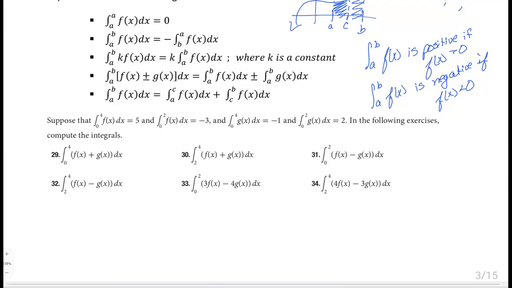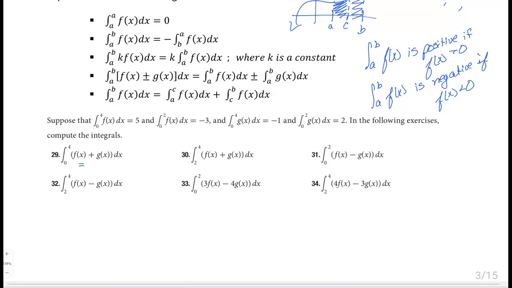So suppose that the integral of f of x between 0 and 4 has a value of 5, between 0 and 2 has a value of negative 3, and the integral of g of x between 0 and 4 has a value of negative 1, and the integral from 0 to 2 of g of x is 2. Let's look at 29.